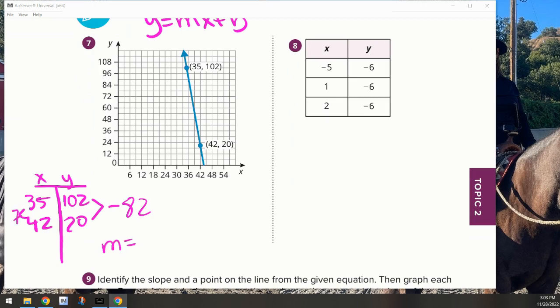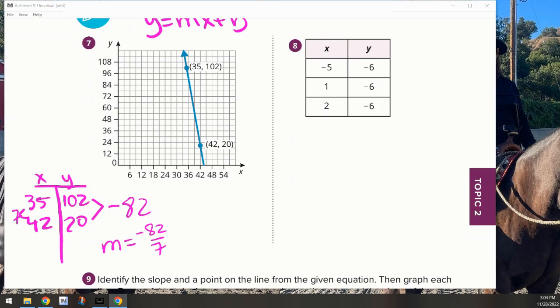So my slope is negative 82 over 7. Really? Did I mess that up? 20 minus 102. 42 minus 35. 7. Well, that's ugly.